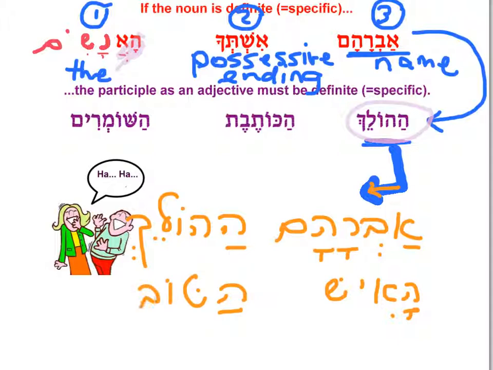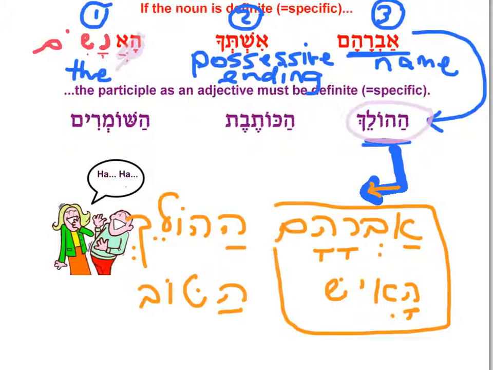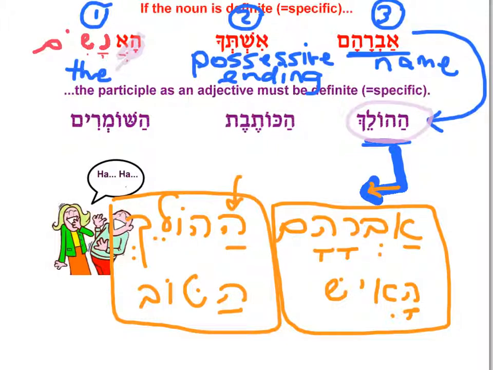Here in both cases, I have my definite noun, Avraham and ha'ish. And in both cases, I have something that's definite, ha-holech and ha-tov, with my ha, and they agree with the noun in terms of gender and number.